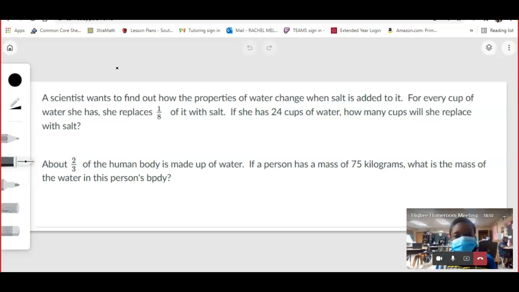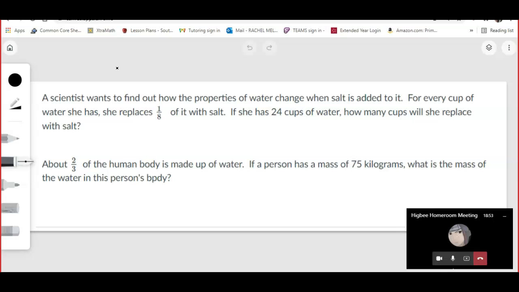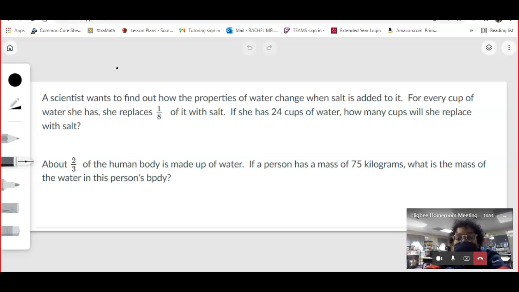If Science wants to find out how the properties of water change when salt is added to it. Oh, hold on one second there, Elijah.